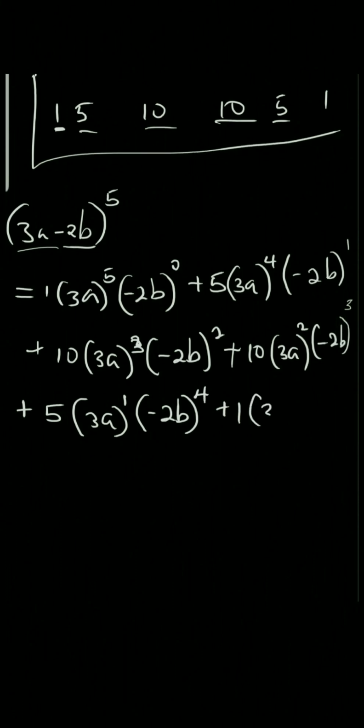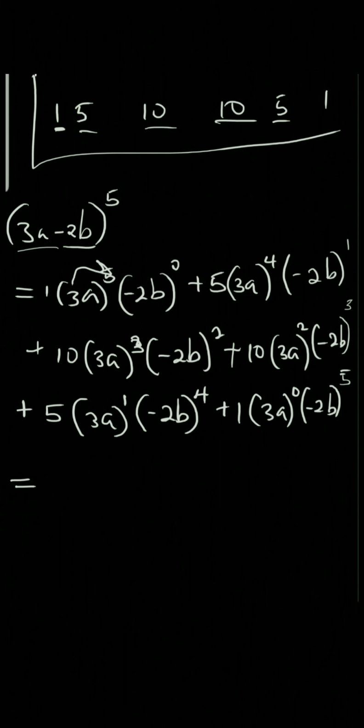Then you come to the last part, which is 1, multiplied with 3a raised to the power of 0, then negative 2b raised to the power of 5. So this is what we get. Then we now continue with the simplification process.